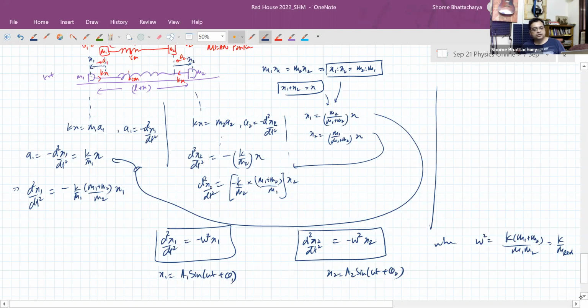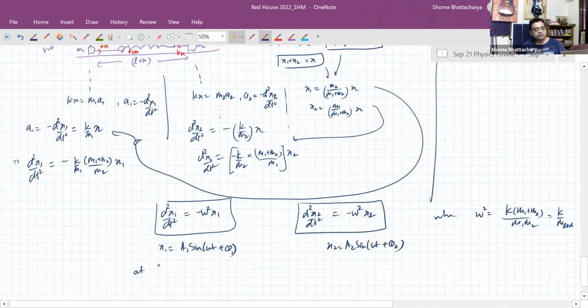And at t equal to 0, we have to take x1's initial value as minus of a1, and x2's initial value similarly will be minus of a2, and that's how you'll get x1 and x2 as a function of time, and from that you can get the spring's position as a function of time.